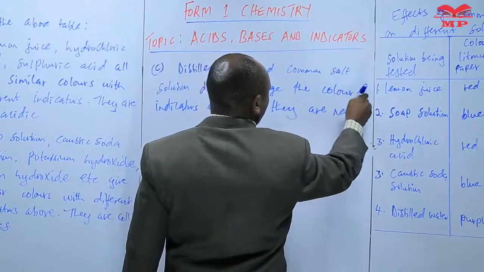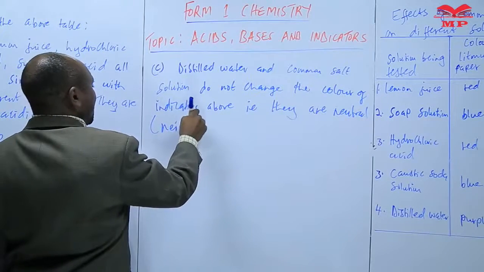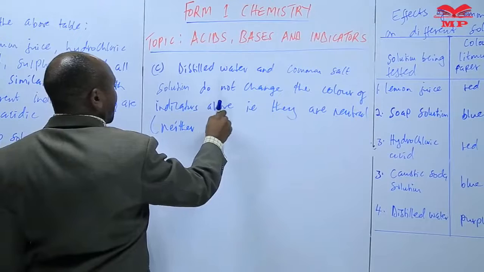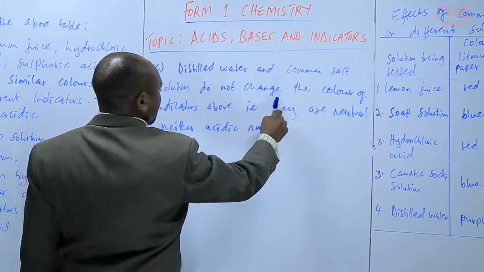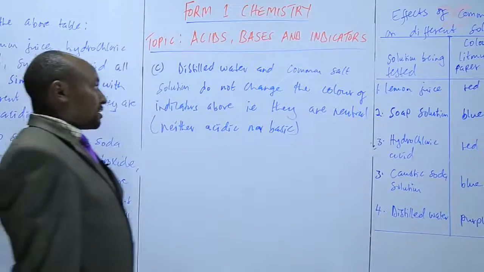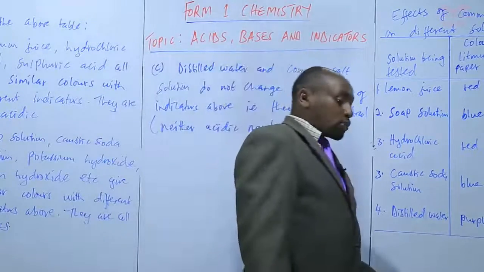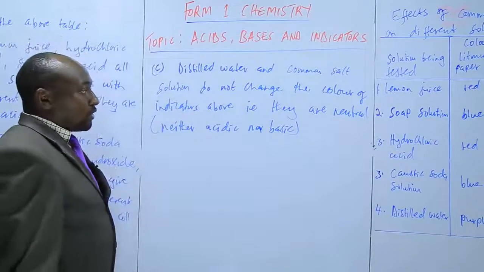And neutral means neither acidic nor basic. So they are not acids and they are not bases. Distilled water, common salt, sugar solution, those ones have no effect on the indicators.